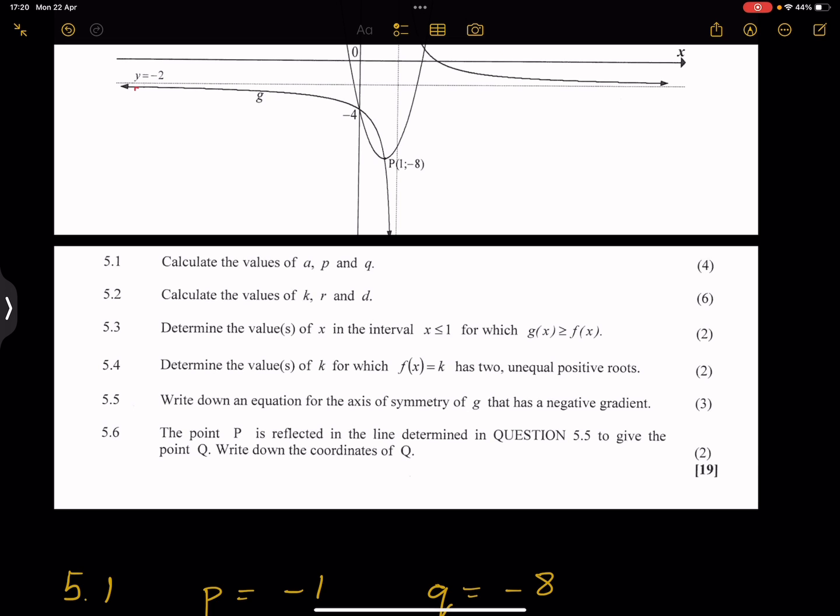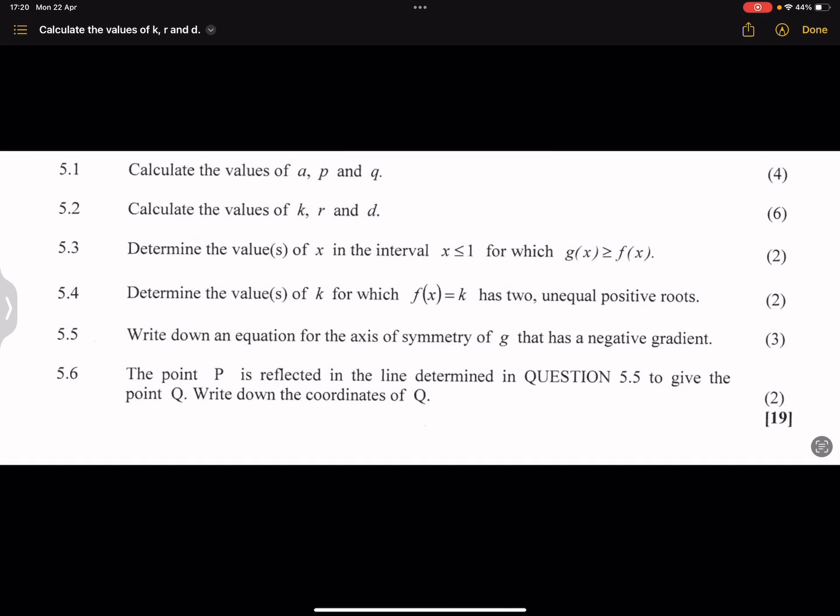Now let's do this. If I were to rewrite this f of x, so this would be f of x minus k is equal to 0. And what are they saying to me? How much would I need to shift the graph of f of x such that the roots are unequal and they are positive?